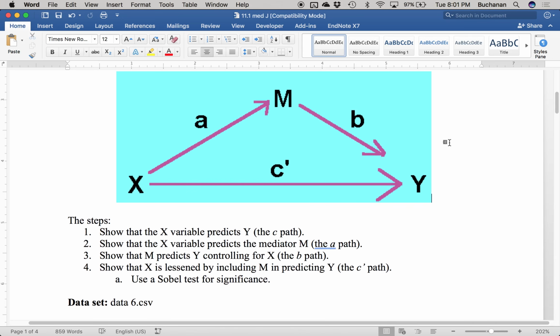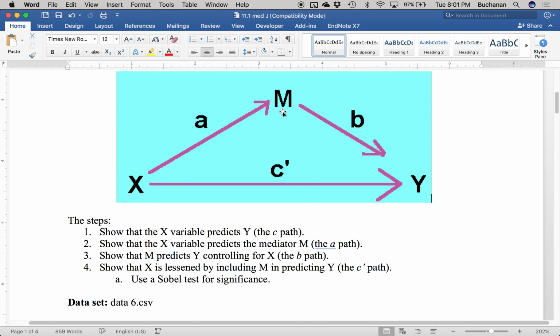The next step is to show that X is related to the mediator. You've got to think about this analysis as the third wheel analysis versus moderation, which is about interactions in regression. So we have to show that X knows Y, but also knows the third wheel.